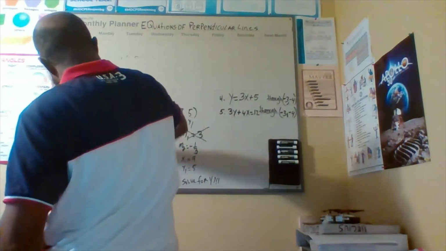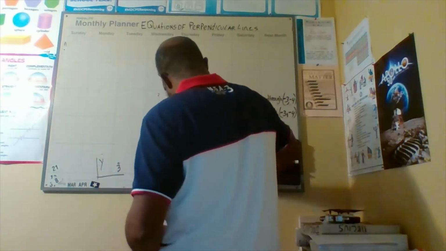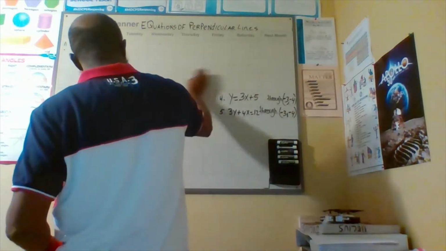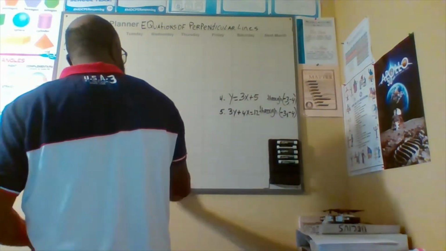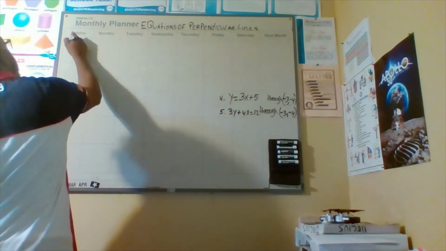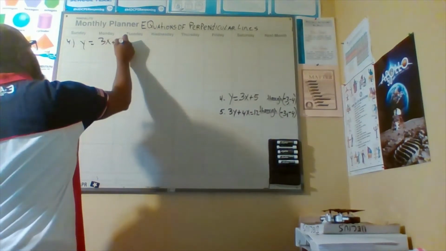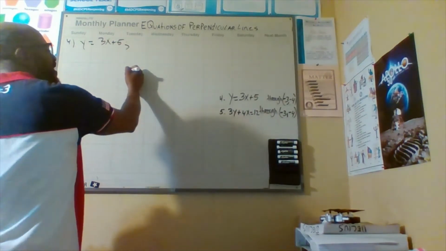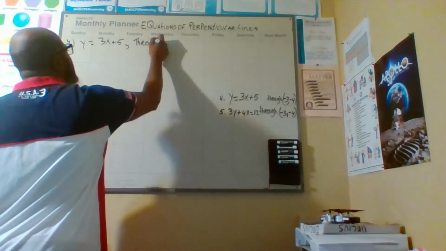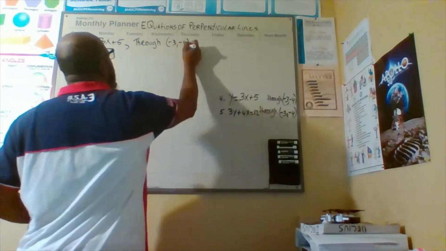You only tweak the slope. Once you tweak the slope, you go back to the point-slope form and replace. The only major thing is that you have the other equation, which is y equals 3x plus 5, passing through the point (-3, -4).